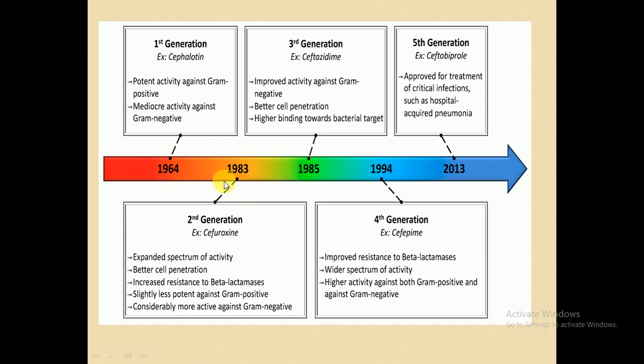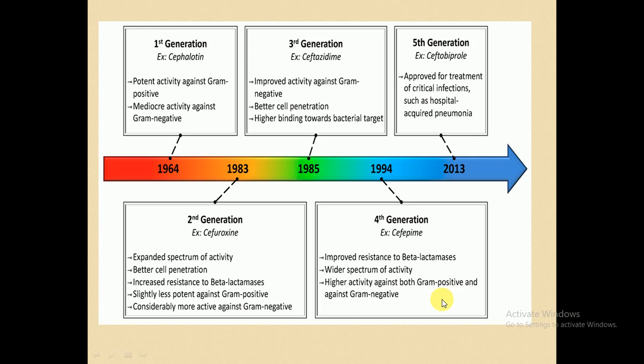It means that with the passage of time, new agents were discovered, and they show a potent activity against different types of pathogens. And then in 1994, fourth generation antibiotics were introduced, called cefepimes, which improve resistance to beta-lactamases, and they have a wider spectrum of activity.